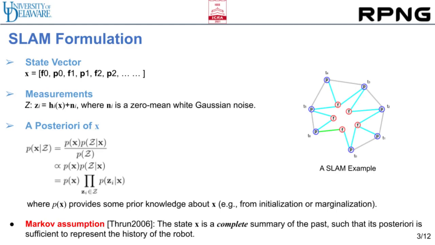And also, we can have some prior knowledge about the environment, for example, from the initialization. With the measurements together, we can formulate a posterior distribution for the state based on Bayes' theorem. And this posterior distribution is sufficient to describe the SLAM process because of the Markov assumption, which emphasizes that the SLAM state should be a complete summary of the history of the robot.